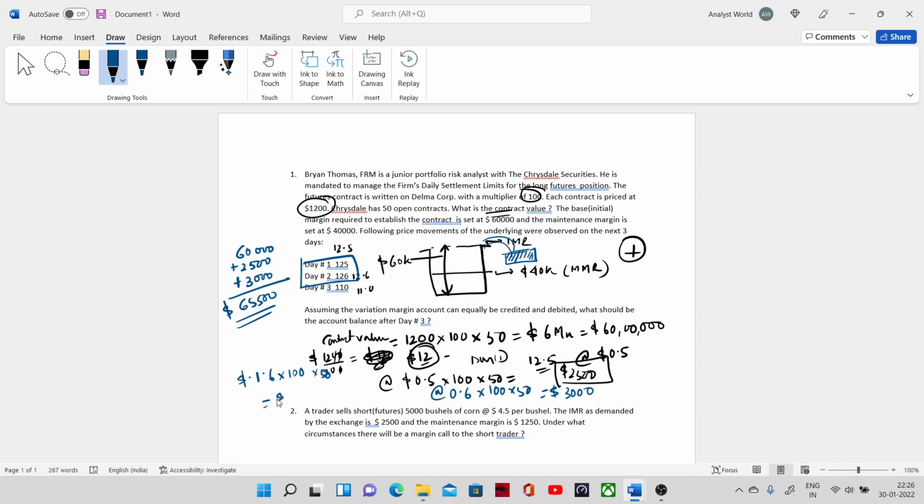So now, because of this depreciation of the underlying, this account is going to be debited by $8,000. So if you debit $8,000 from the 65,500, the balance amount at the end of the 3-day trading window comes out to be $57,500.